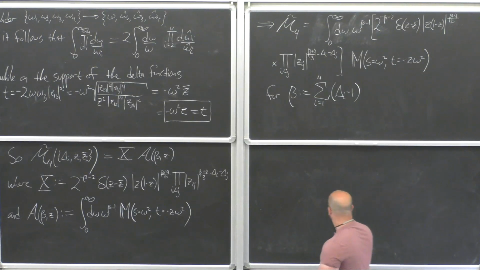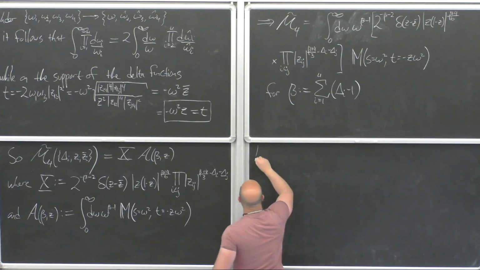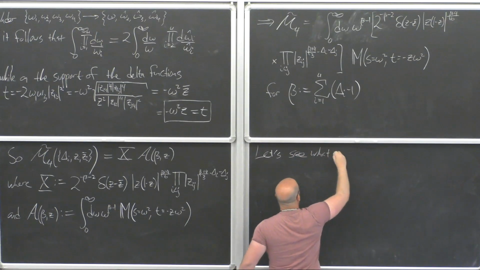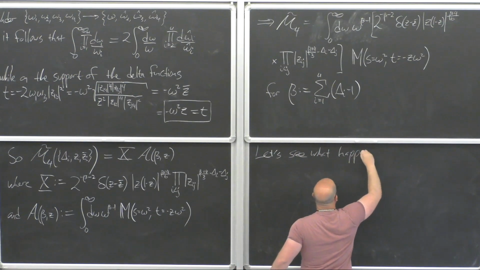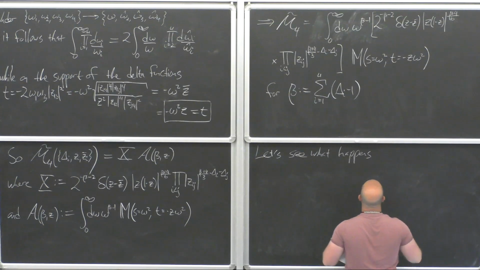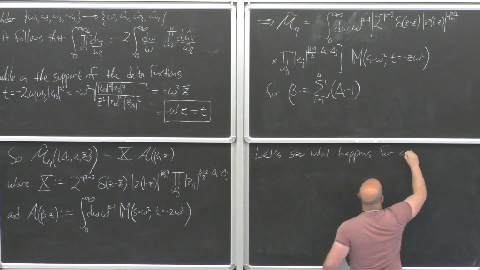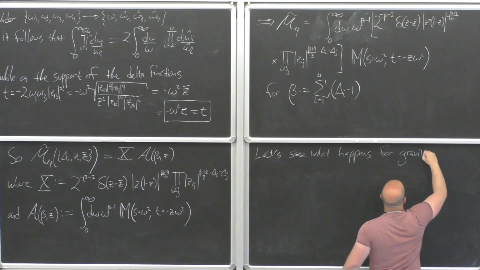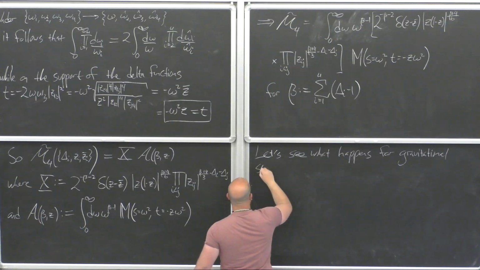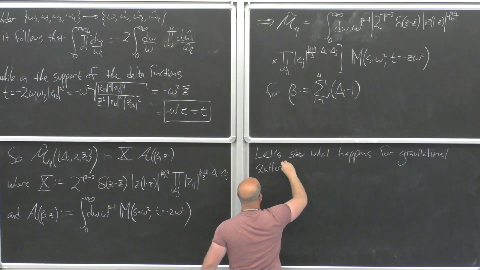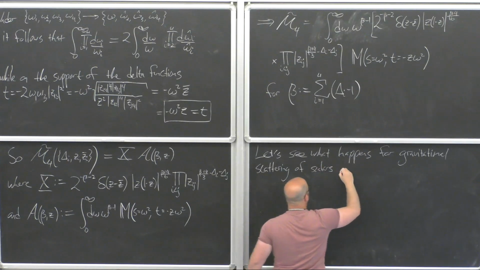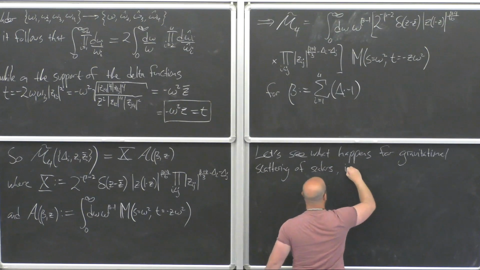Okay, so let's see what happens for the simplest example we could think of. Let's consider gravitational scattering of scalars. And we'll even just focus on a single channel.